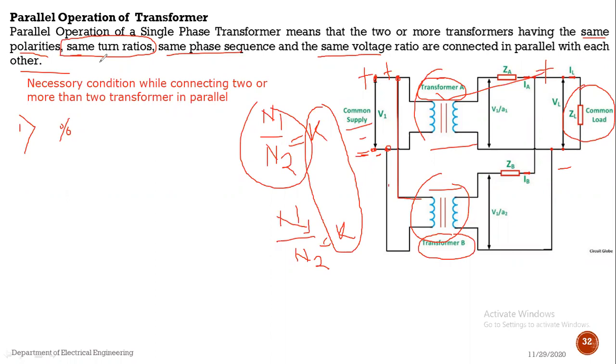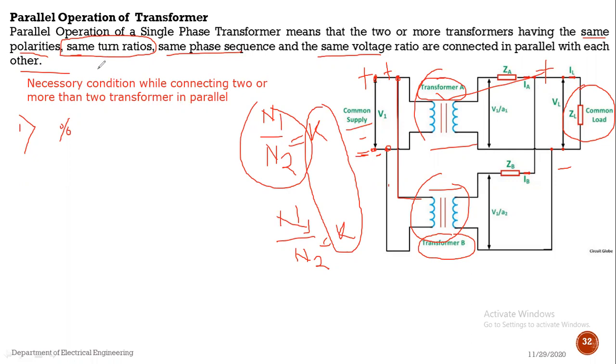This is not a necessary condition, but if you are selecting two transformers, choose ones having the same kVA rating. Okay, so we are able to put two transformers in parallel having an unequal voltage ratio or unequal turns ratio, we can still put them in parallel.